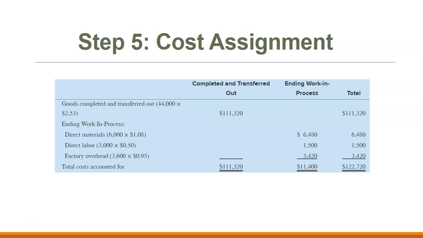So for direct materials, $1.08, for direct labor, 50 cents, and for factory overhead, 95 cents. We take the amount of equivalent units we calculated for our ending work in process inventory times those cost units, and that gives us a cost of $11,400. So that department at the end of June shows an ending work in process inventory of $11,400 and transferred out costs of $111,320.